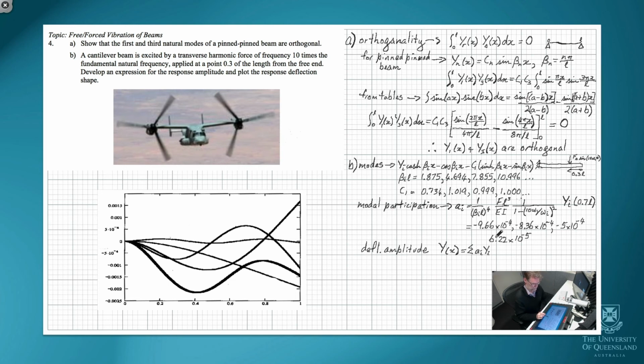So with this modal participation, you need to multiply that by the mode shape again. And you can evaluate this mode shape at the point you're measuring the deflection. In this case, we just want to measure all the way along the beam, so we'll leave this yi as a function of x.